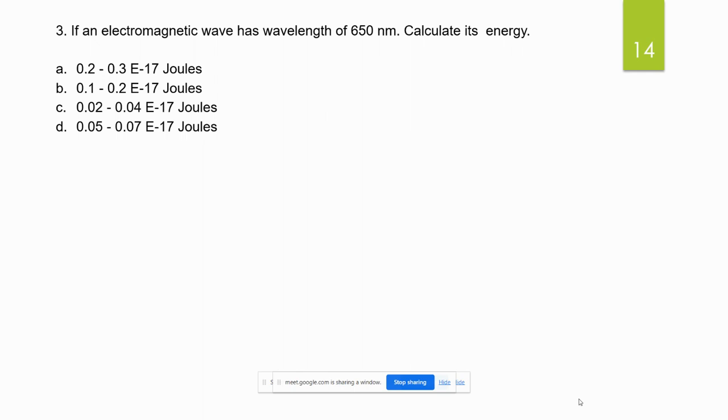So question is, an electromagnetic wave has wavelength of 650 nanometer, then calculate its energy. So this also would have been taught in first week. So you can try to solve it.